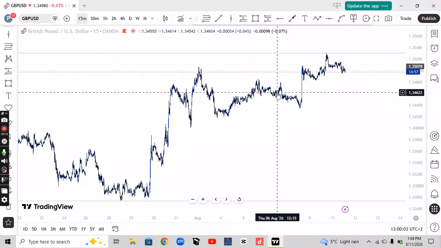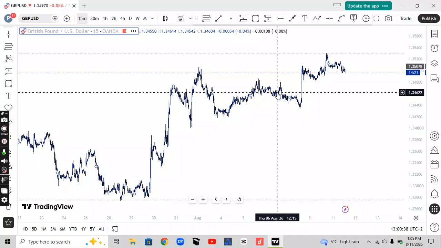Today we're going to do order blocks. I'm going to show you what an order block is, how to validate an order block, and why we have order blocks. An order block is where large institutions, like large hedge funds and large banks, place their orders.